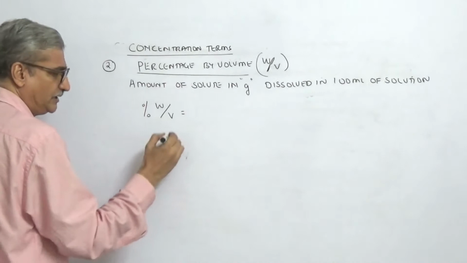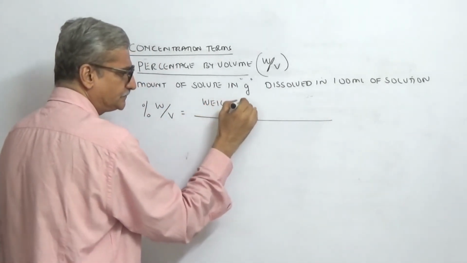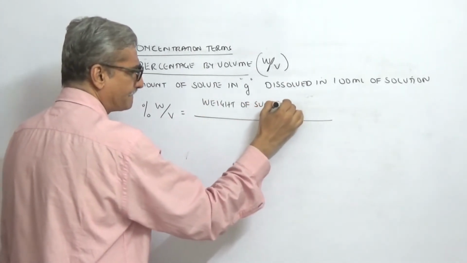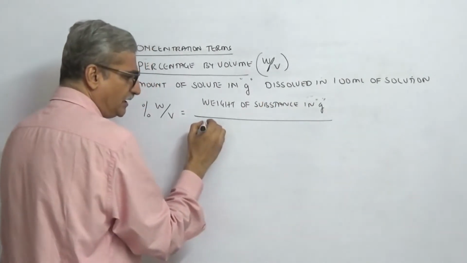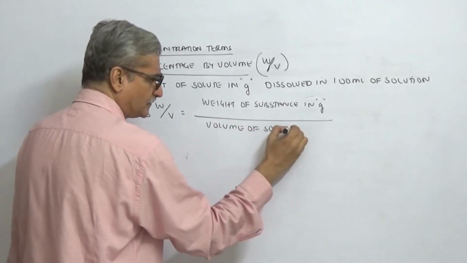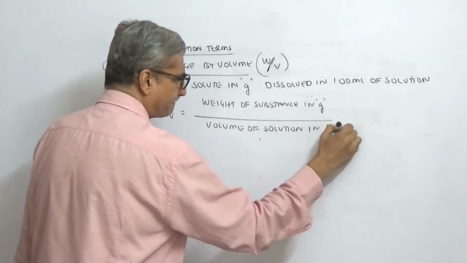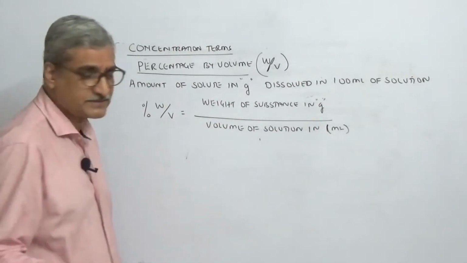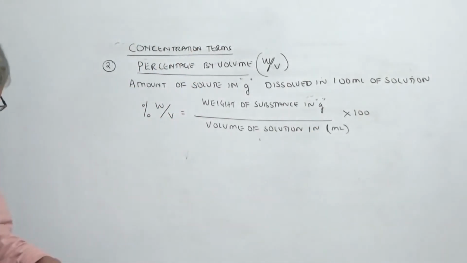Percentage weight by volume will be weight of substance in grams divided by volume of solution in ml. Volume of solution in ml, that's very important. Now this was for any volume. So if you want to find percentage, multiply by 100. So this will give you percentage.